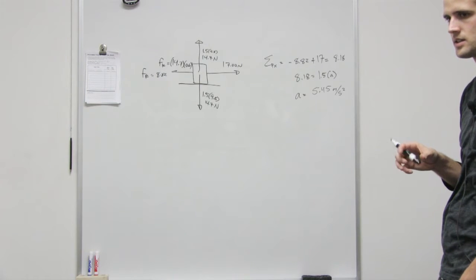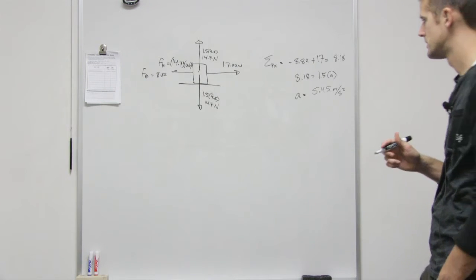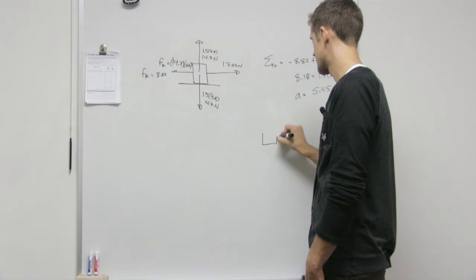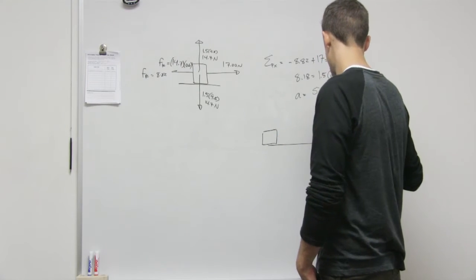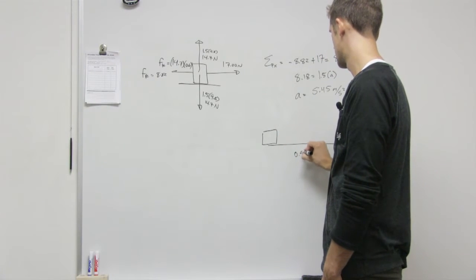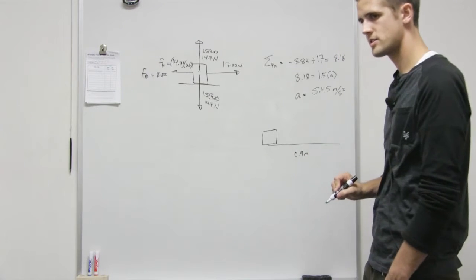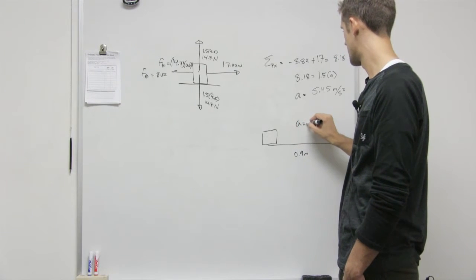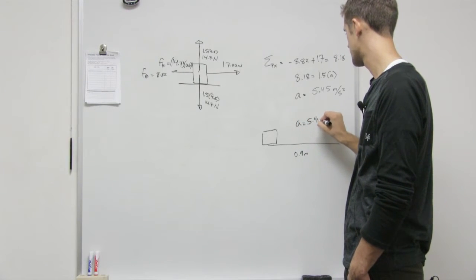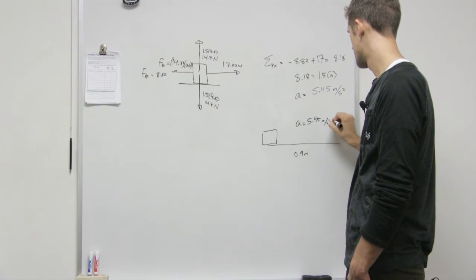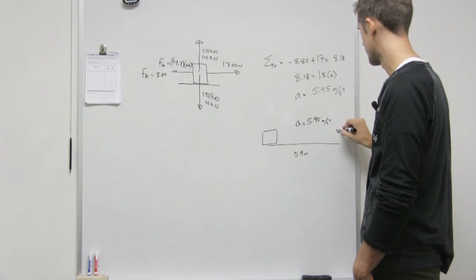What is the block speed after moving 0.9 meters? So basically it went 0.9 meters, with acceleration of 5.45 meters per second squared. You're trying to find this.